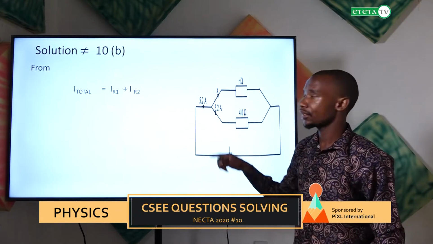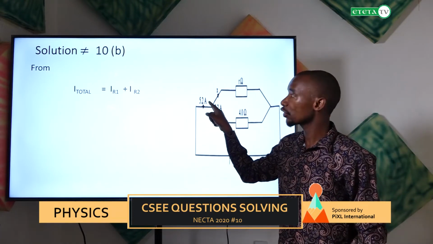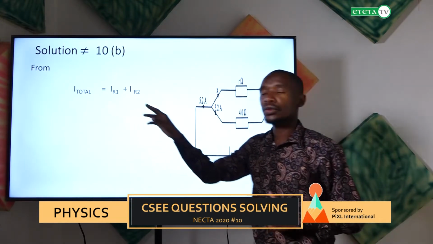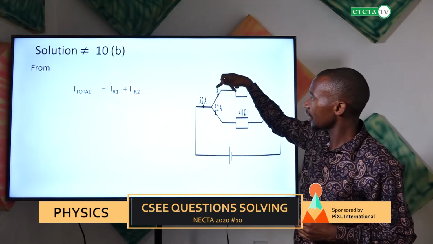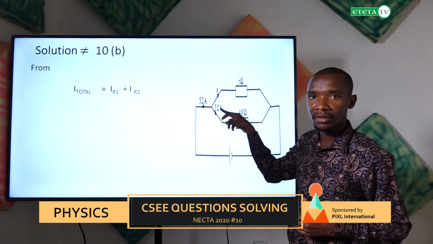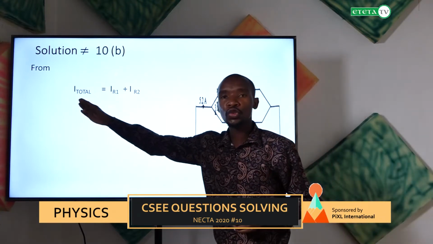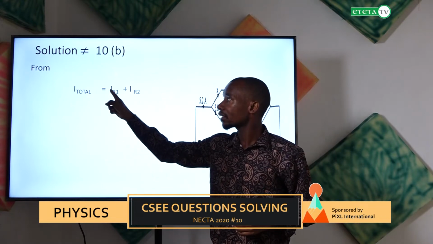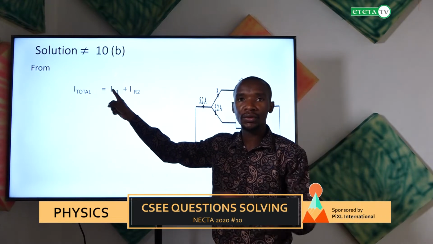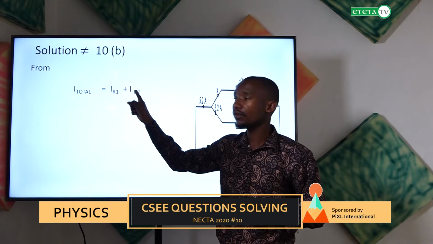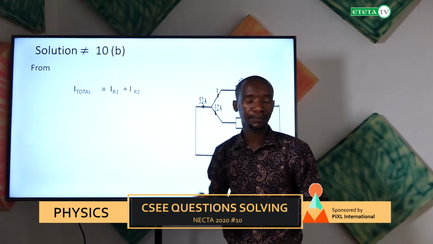So the total current which is 5.2 will be equal to the current that is flowing here plus the current that is flowing through this resistor. So our total current is equal to the current flowing through R1 plus the current flowing through R2.